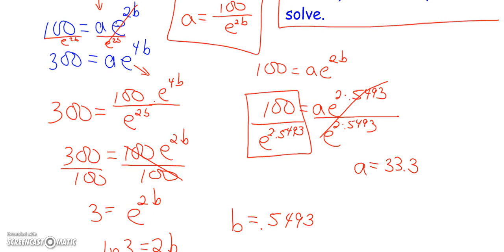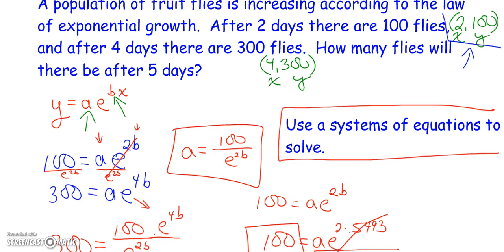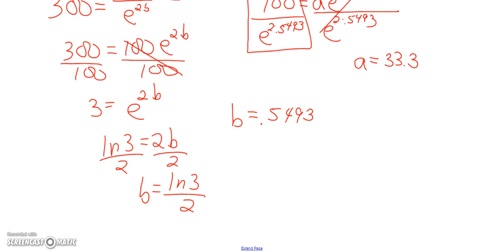So our final equation, now that we know a and b, what does our exponential graph look like? Well, y equals, we found the a value, that's the 33.3, that's what's in front of e. We don't have to put repeating, that wasn't technically correct. So we'll just do y equals 33.3 e to the 0.5493x.